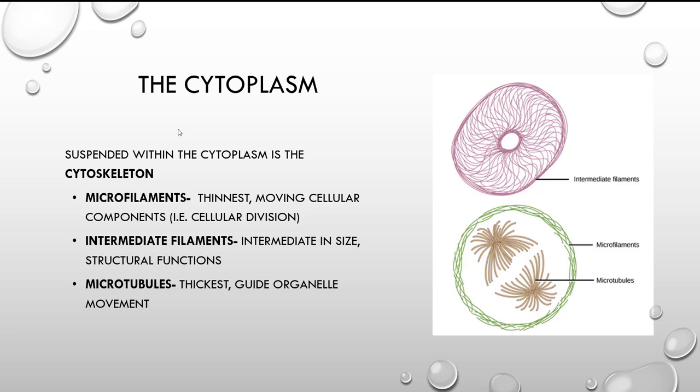The intermediate filaments provide structural functions. That's basically all you need to know about them. Microtubules are the thickest, hence the strongest, and they guide organelle movements. So if we're transporting a vesicle from one side of the cell to another, it will hitch a ride along one of the microtubules. So the cytoskeleton is basically the structural support within the cell, the skeleton of the cell.